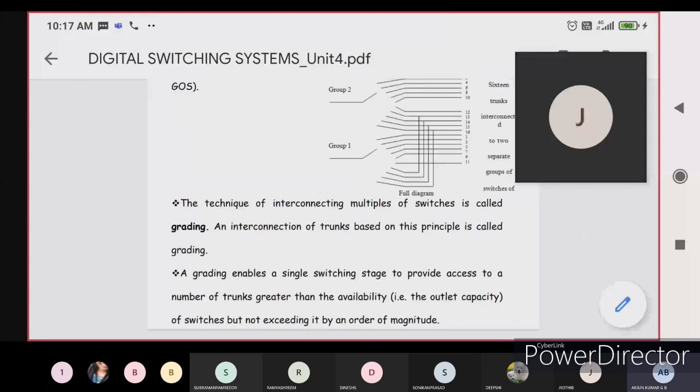These 6 lines are fully dedicated for group 1 only. They are fully available for group 1. Then there are another 4 lines, which are partial common. That means those 4 lines will be common for both group 1 and group 2.